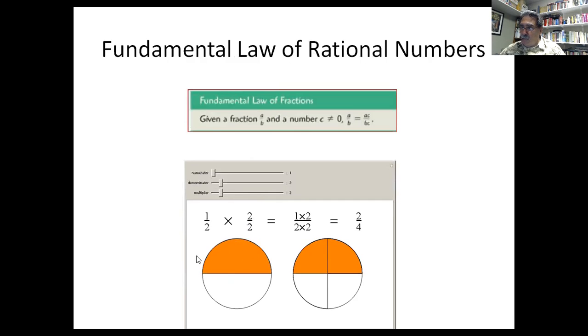This is 1 part divided by the whole. If you multiply by 2 over 2, it means that you're dividing it into 4 parts. You're picking 2 out of 4 parts. 2 out of 4 parts is the same as 1 out of 2.